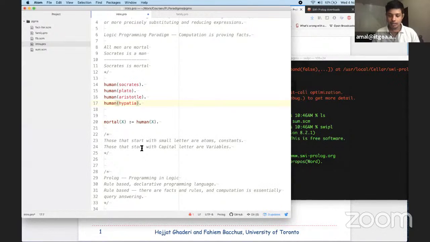Planning systems are systems where you have rules and facts, so it's a domain specific language. It is not used for general purpose computation, but it is used for autonomous systems, where it has to deduce what to be done next, and such kind of things.